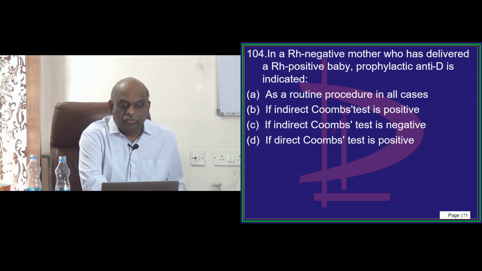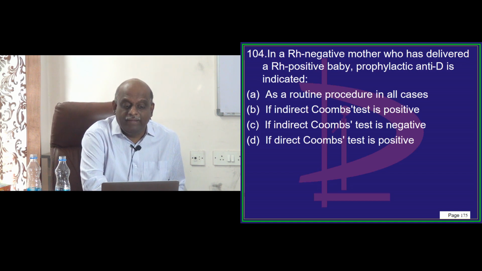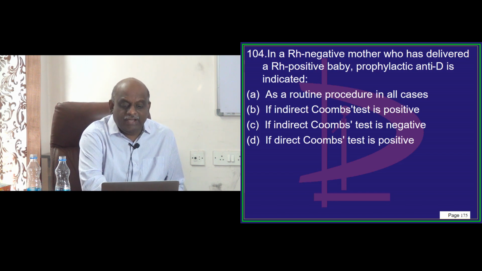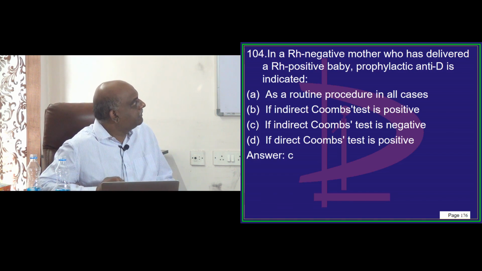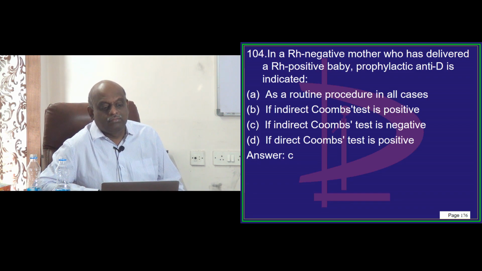Okay, so RH negative mother has delivered RH positive baby. What is your opinion on RH isoimmunization? Question number 104. So everyone is on answer A. That's good. But doctor, we give routine immunoglobulin in all the cases without exception.